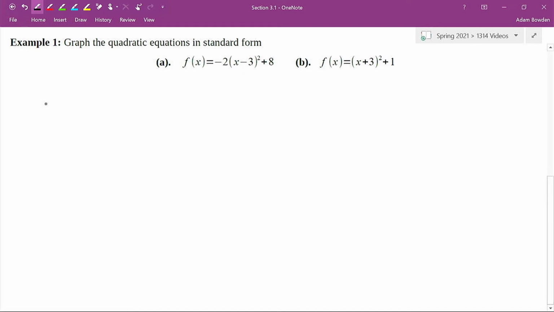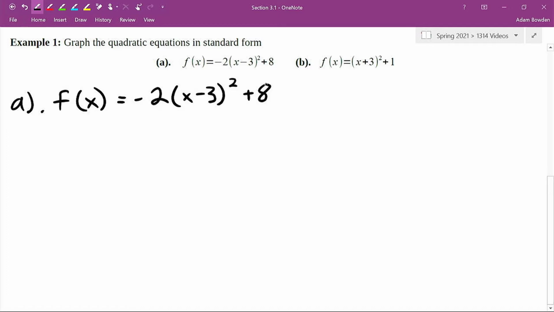So we're going to follow a process right now and take a look at some quadratic functions and consider what the graphs of these will look like. The first one we're going to look at is f of x equals negative 2(x minus 3) all squared plus 8. The first thing we're going to do to sketch the graph is to answer the question, does this open up or down?